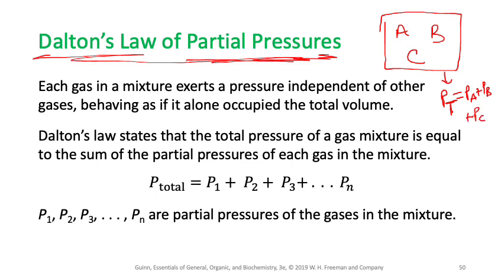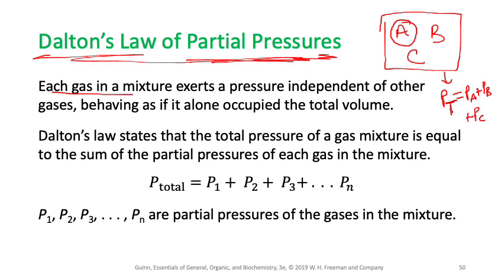The individual pressure exerted by the individual gases on the inner surface of the container where they are placed is called partial pressure. Even though the other gases are present, we don't care about their pressure. We're just looking at how much pressure is exerted by only one of the many gases present in the container, which we call the individual pressure or the partial pressure, right?